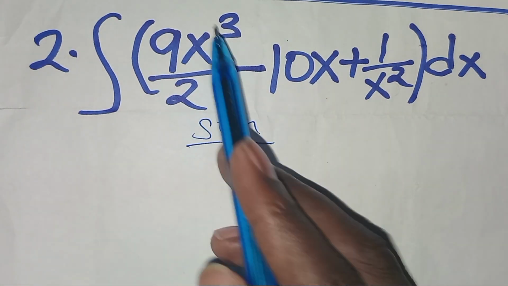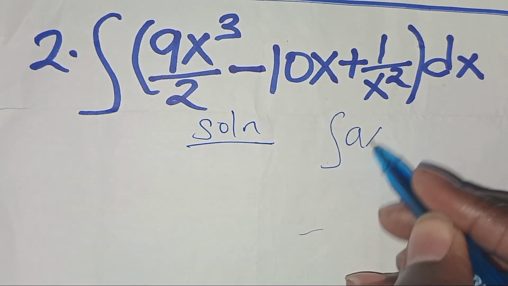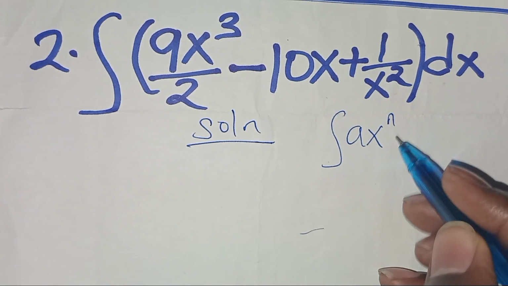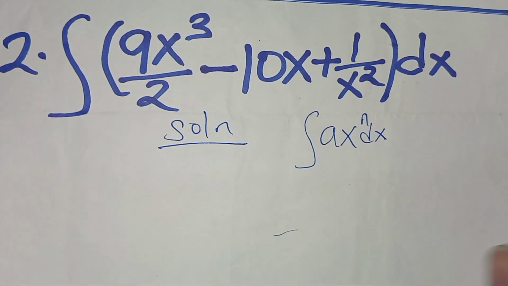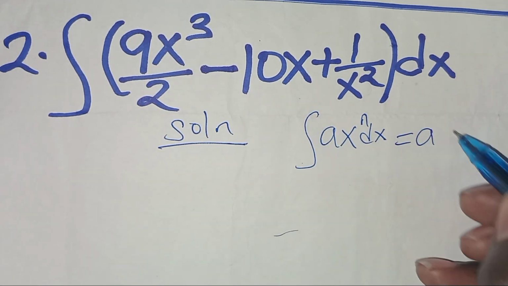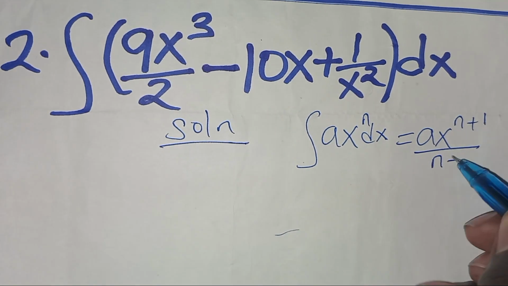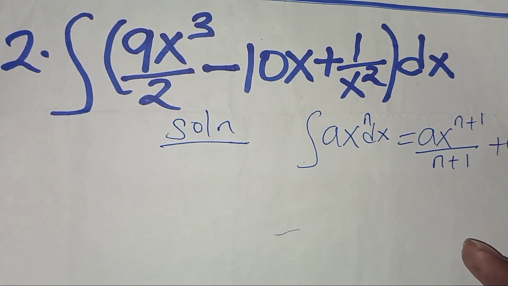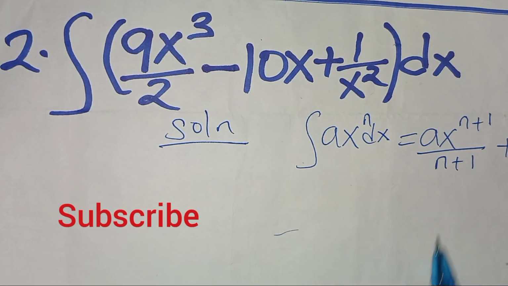You find that this integral is in the form of ax to power n dx. So when you integrate this, you'll have ax to power n plus 1 divided by n plus 1 plus c. This is an indefinite integral, we don't have the limits.